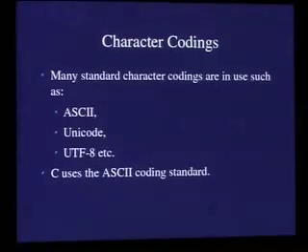There are several standard codings which have been defined by various bodies, and many such codings are in use. Some of these codings are called ASCII, Unicode, UTF-8, etc. The C programming language that we are using uses the ASCII standard, which essentially is a standard for defining integer codes corresponding to all characters that you can see on the keyboard.